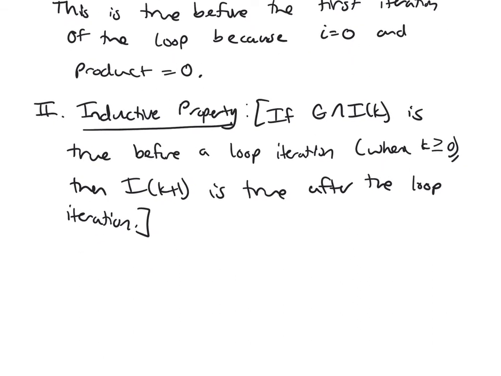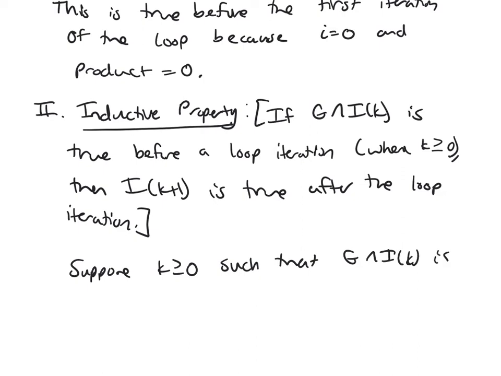So we're going to suppose k is greater than or equal to 0 such that G and Ik is true before an iteration of the loop.